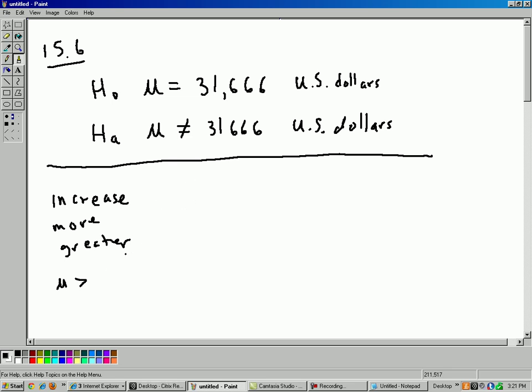So if the question is something like, is there evidence that something increased? It would be mu greater than something. Or is there evidence that something is more than something? Then mu is greater. That's your alternate. All right. On the other hand, if you see words like decrease, or less or something like that, that implies the alternate will be mu is less than something. And that's about it for writing hypotheses.